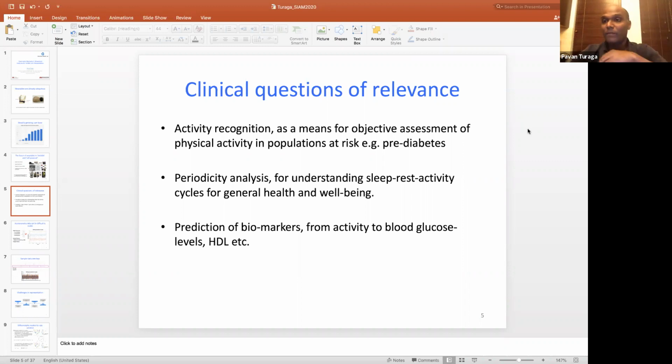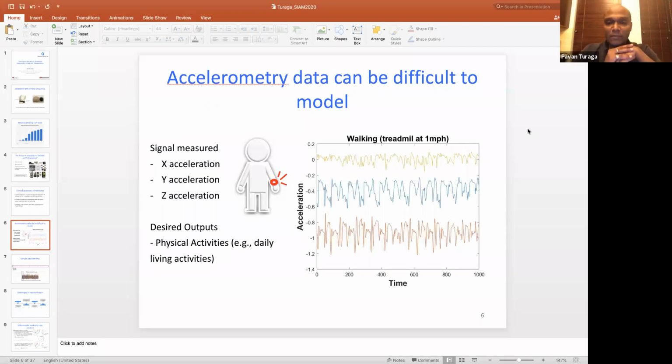All of that is being considered under this paradigm of wearable tech. We are scratching the surface in the algorithmic side on these problems, and let's get to some examples.